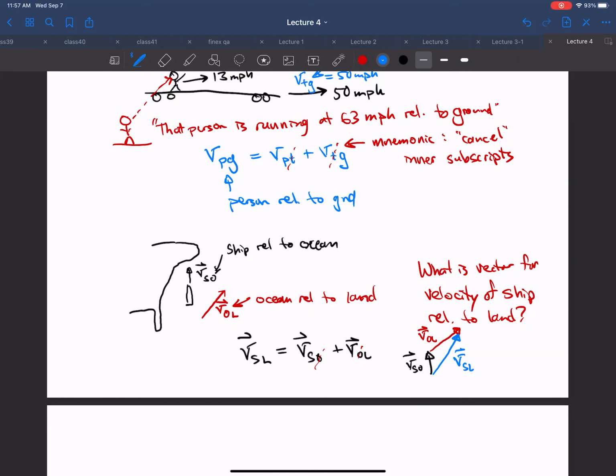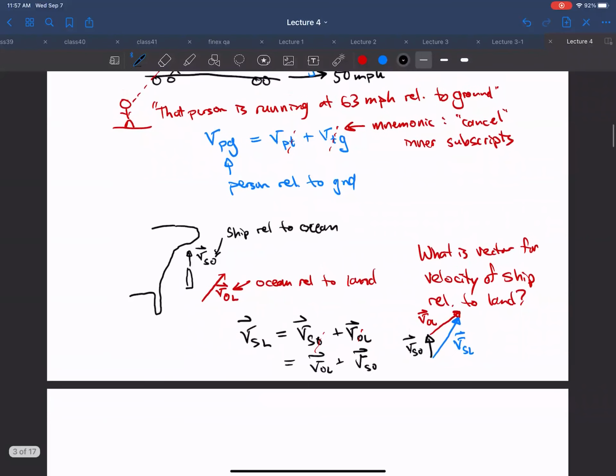Yes, Vic. In principle, not. So, in other words, I could say that this is equal to V sub OL plus V sub SO. And let's just verify that that's correct.